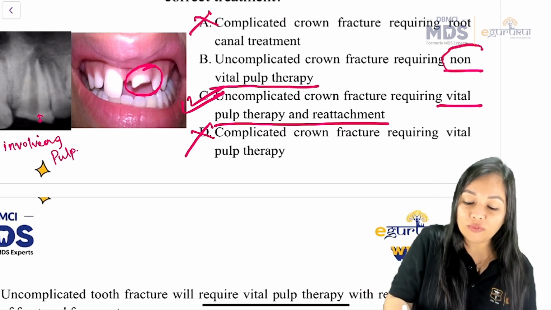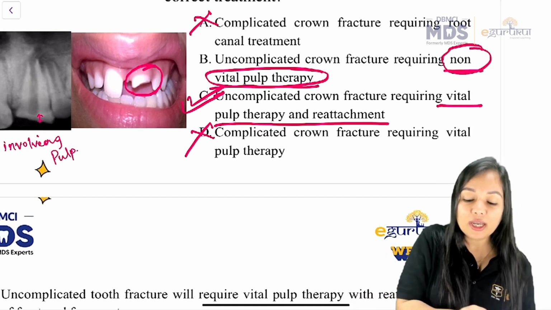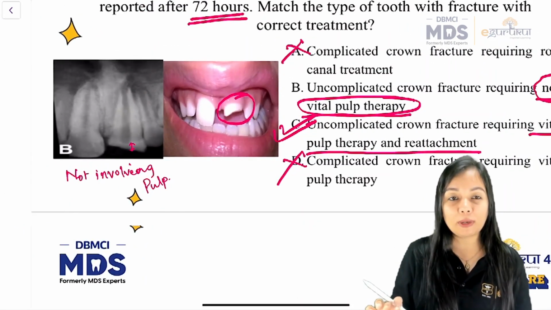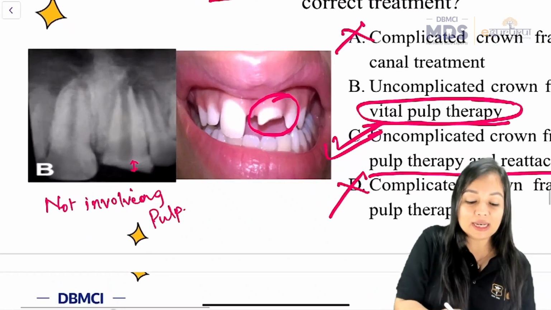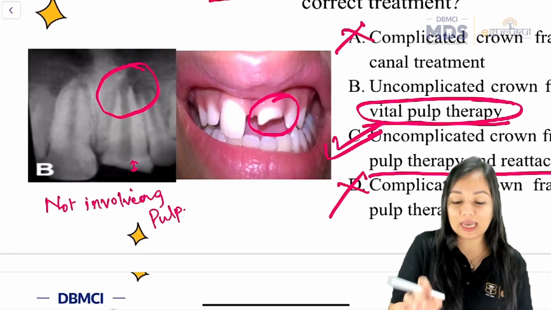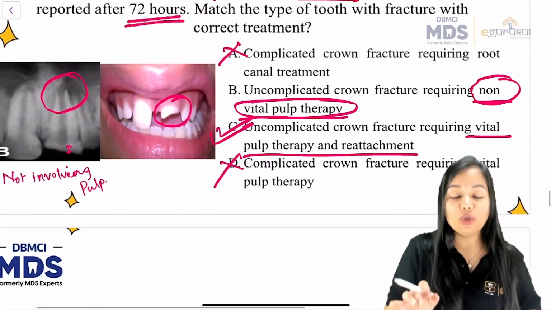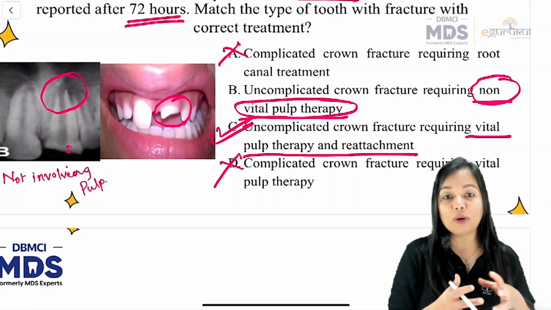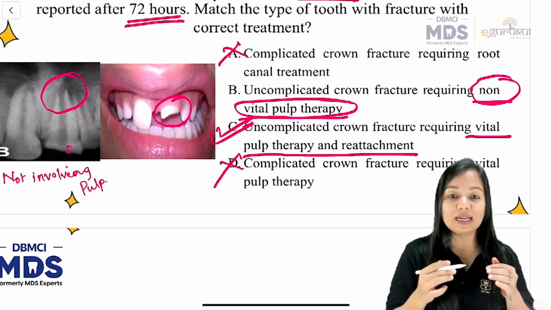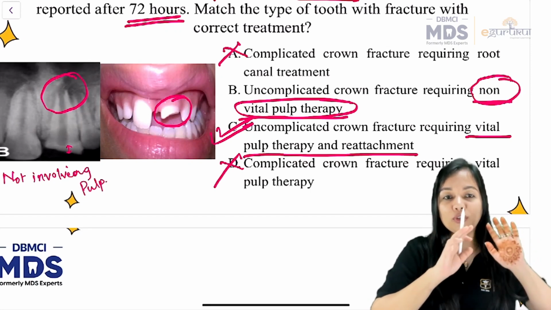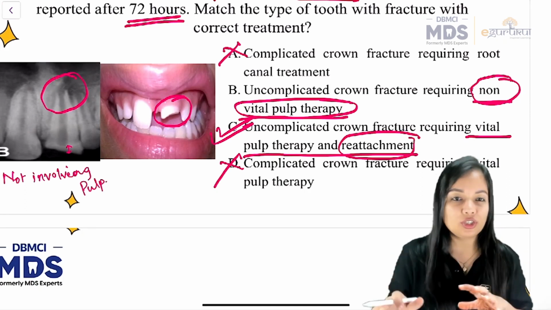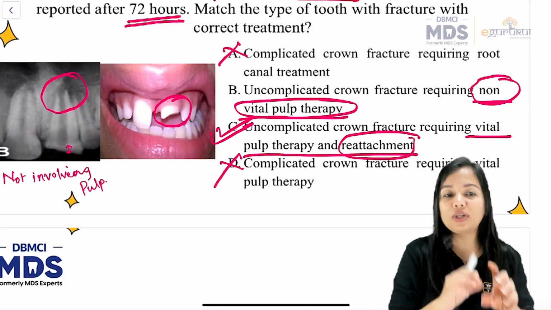So why is non-vital pulp therapy not required? Because the pulp is not involved, there is no necrosis of the pulp, plus there is an open apex as you see in the x-ray. So you can just do a vital pulp therapy like apexogenesis or pulpotomy, and that will result in continued development of the root, and you can reattach the separated tooth structure, or just do a composite restoration there.